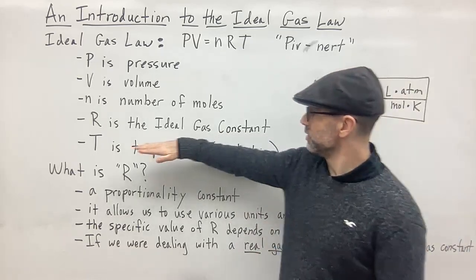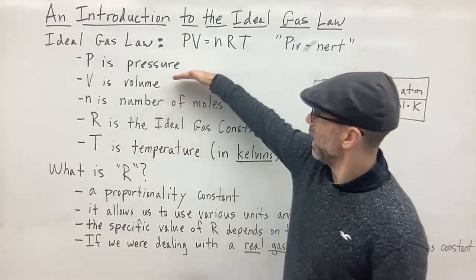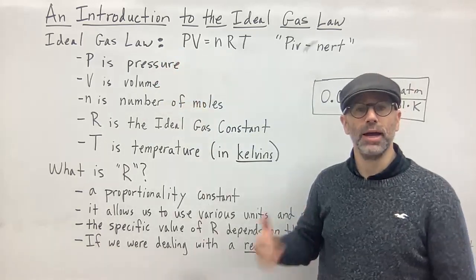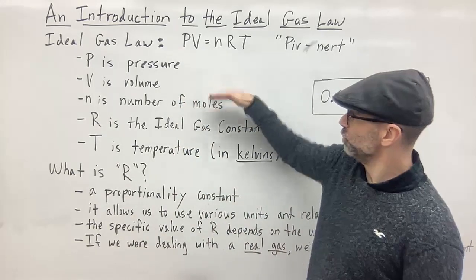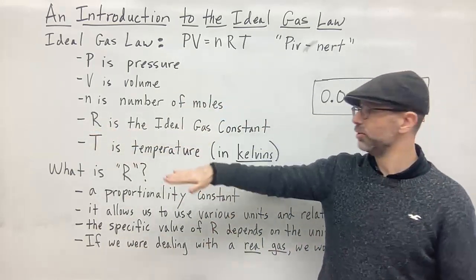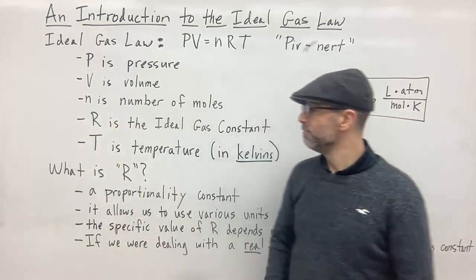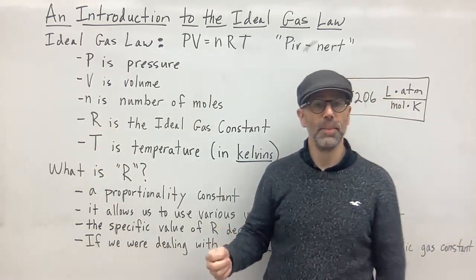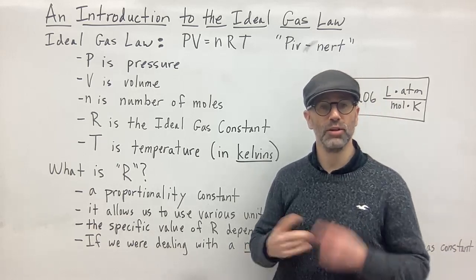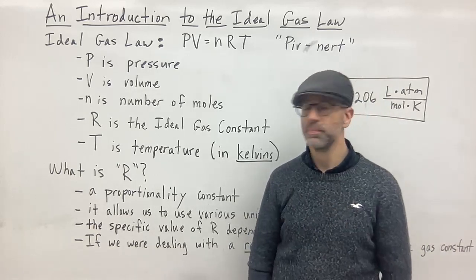For the ideal gas law, what units you use are going to be dictated by your ideal gas law constant. Now, the constant can have various values, and that's going to be dependent upon what units are used. And I'll talk a little bit more about that in just a moment.